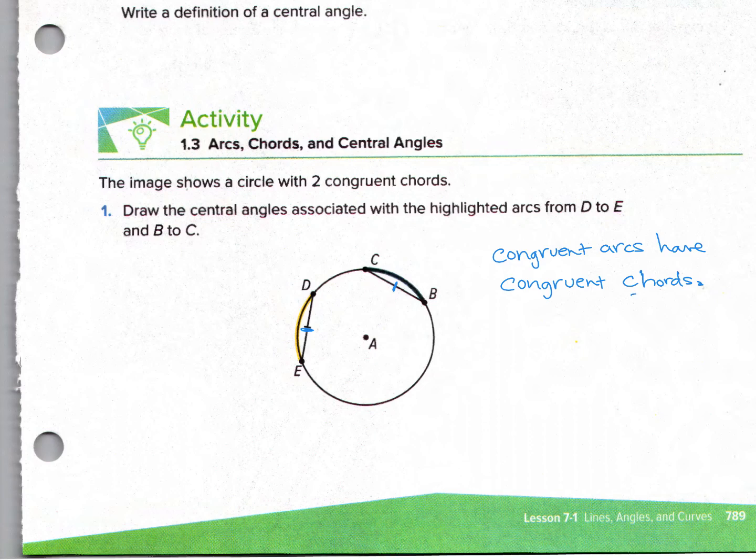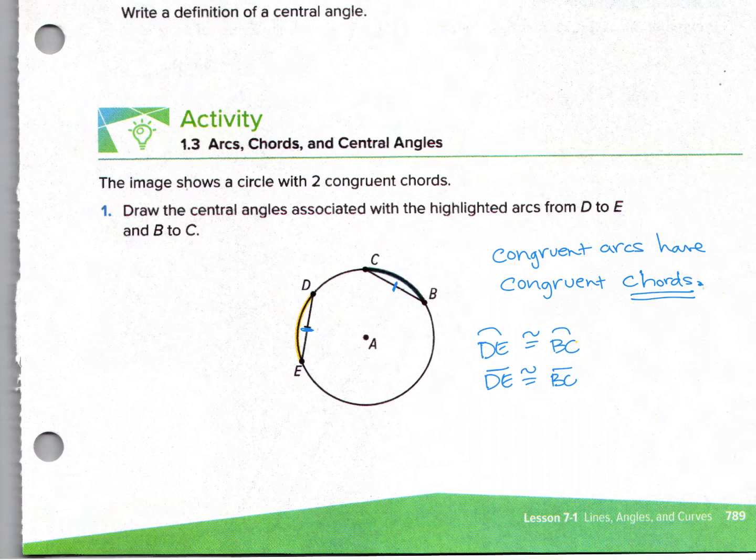Since those two chords are congruent, then I know that arc DE is congruent to arc BC. I don't know their measure right now. I do happen to know they are congruent to each other. Congruent arcs have congruent chords, and vice versa is true as well. So if segment DE with a segment symbol is congruent to my segment BC, then I know that my arcs are congruent as well.